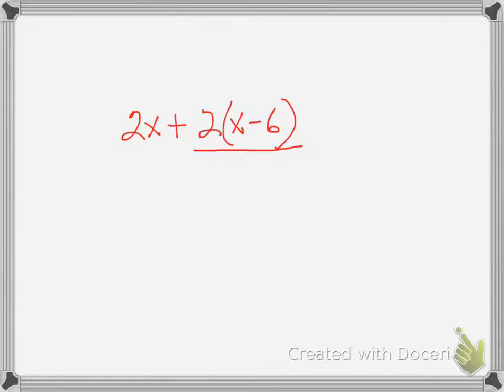And what we know about this parenthetical is that we can actually distribute this out. Okay, so let's keep this 2x, of course, because we can't do much else with that, plus, and now let's distribute these 2's here. So 2x minus 2 times 6 is 12.